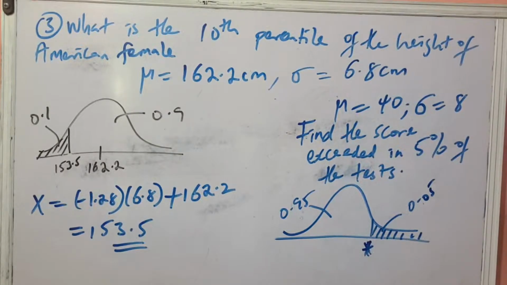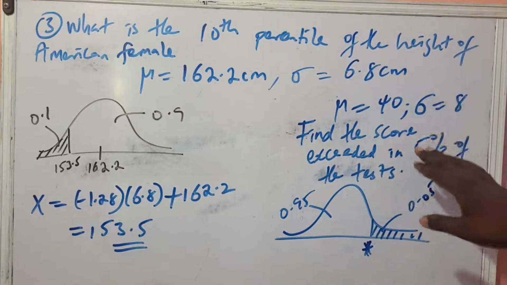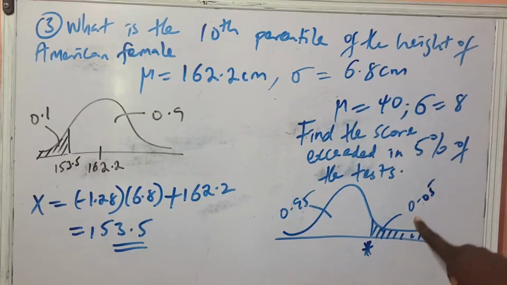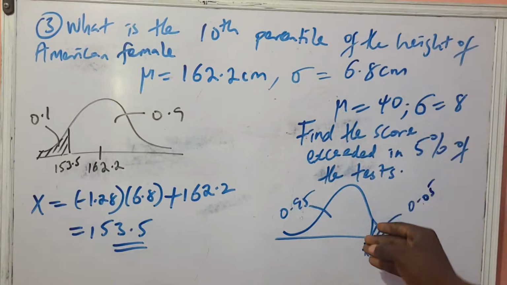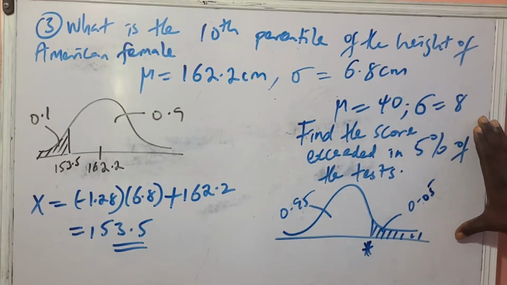That's really nice. I love you guys. We're dealing with the 95th percentile. So when you said find the score exceeded, 5% of people had more than that score. That means 95% of people had less than that score. So this is a question of the 95th percentile.